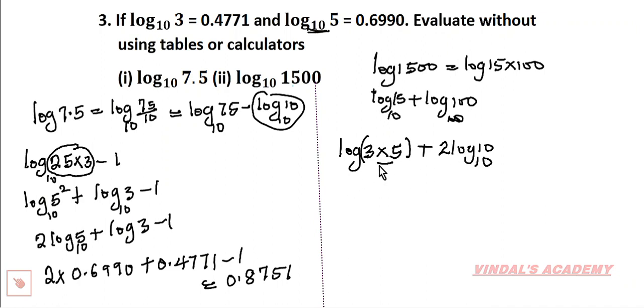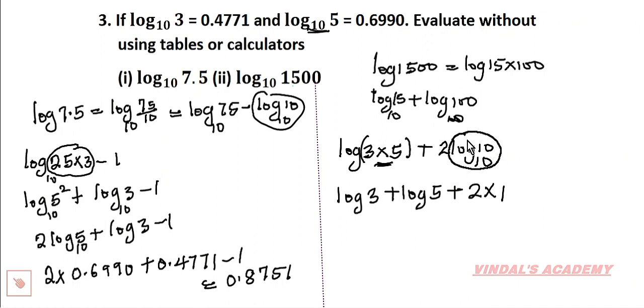But then when they are multiplying, you can add them if they have the same base. So this is going to be log 3 plus log 5, then plus 2 times 1, because log of each base is 1. Log 10 base 10 is 1. All right, log 3 is given as 0.4771 plus log 5 is given as 0.6990, then plus 2.